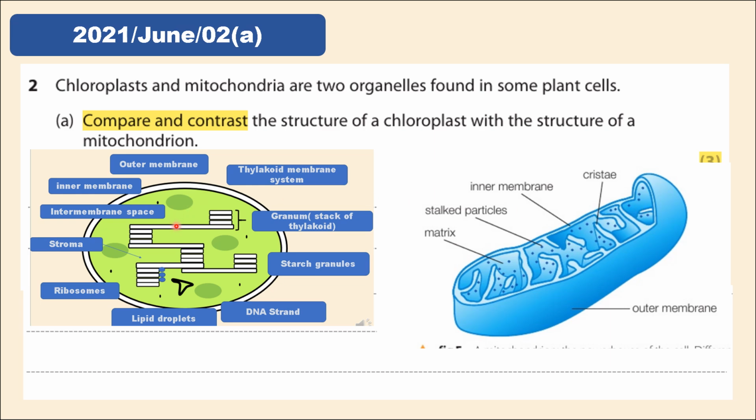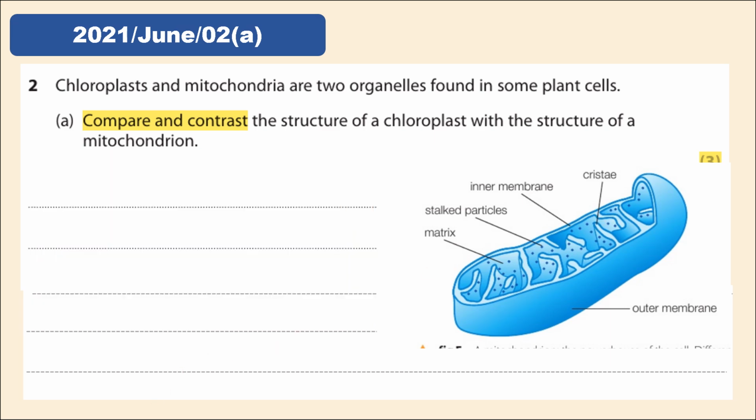In the chloroplast, you will notice the stroma and the thylakoid membranes, while in the mitochondrion, there are cristae formed by folds in the inner membrane and also the matrix. Additionally, chloroplasts contain chlorophyll pigments within the thylakoid membrane, which mitochondria do not have. And chloroplasts also have starch granules for storage, while mitochondria lack these granules.